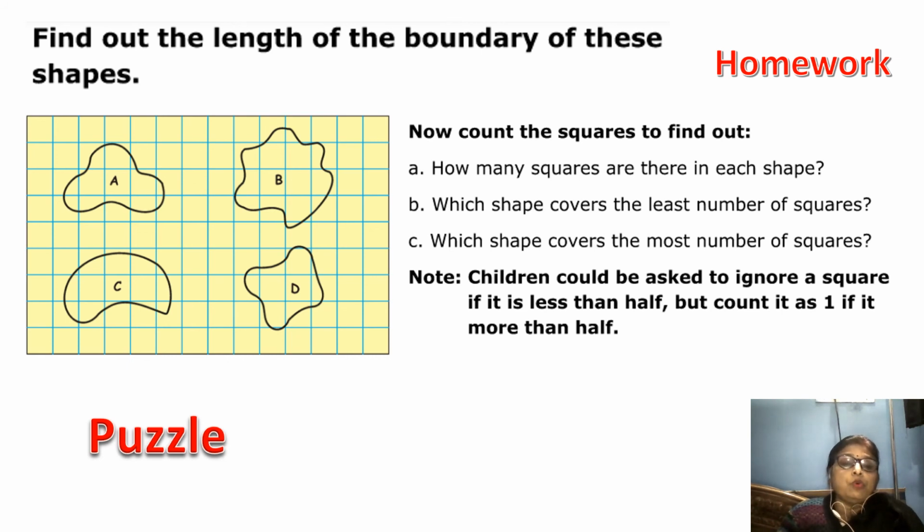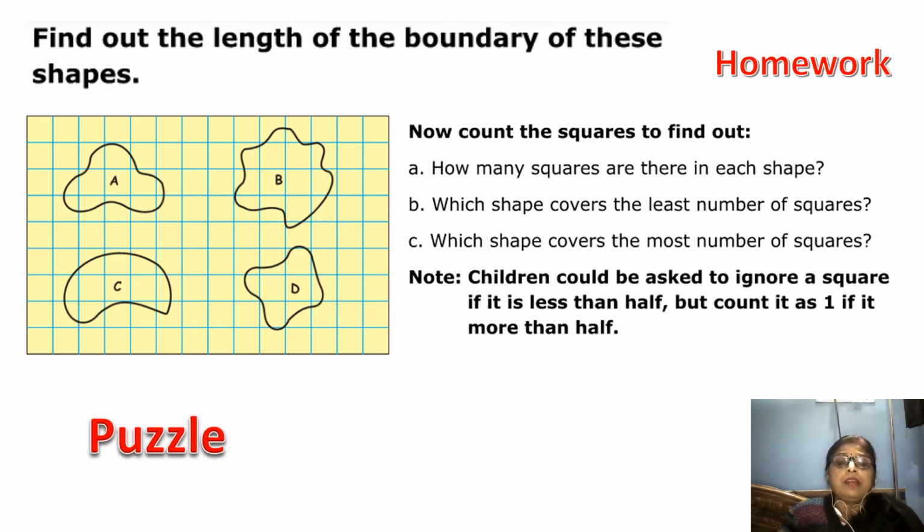Find out the total number of squares of each and every figure and then write the answer. Next question, which shape covers the most number of squares? It means which is the largest figure given here.